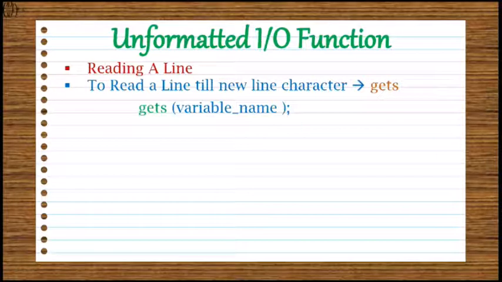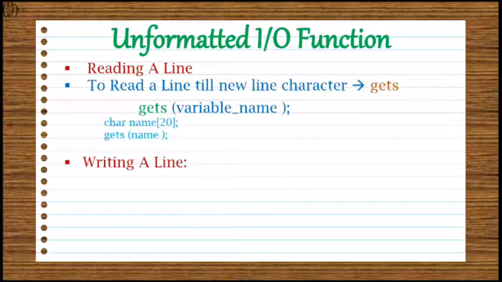Here gets is the function and the variable name is any valid variable name where you want to store the value inputted from the keyboard. For example, a character array with variable name name, and then the statement is gets(name). Whatever you enter on the keyboard will get stored in name.